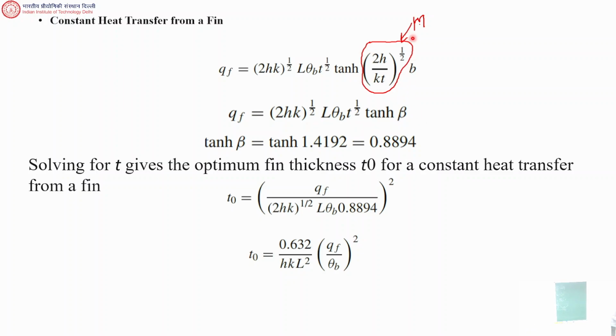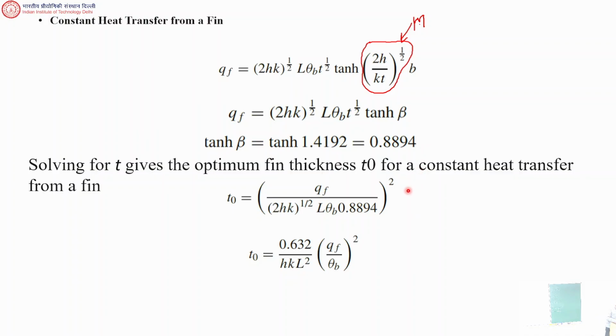This is M, this is B. So MB is beta, right? And we say that for beta, we will use 1.4192, that optimized value. So if we have beta equal to 1.4192, then tanh 1.4192 is 0.8894. So it's just 0.8894.